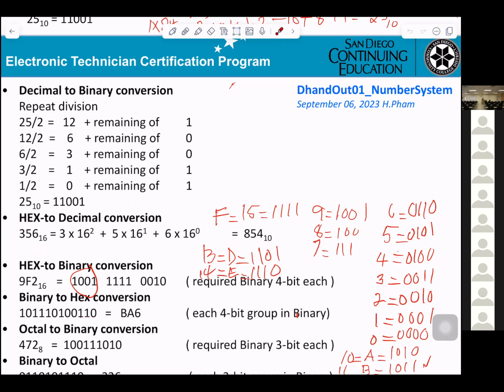Then you add number 5 times 16 power 1, and so on. You get this number. That means if you get a hexadecimal number, you are able to convert it into decimal. But really, we don't need that.